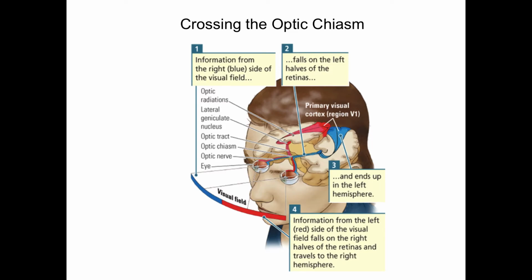We're going to talk about these in a little more detail, but these pathways are called the geniculostriate pathway and the tectopulvinar pathway. So definitely look over this picture a little bit and maybe draw it out once or twice so you don't get confused. This is a really confusing picture where things cross over and where things don't cross over.